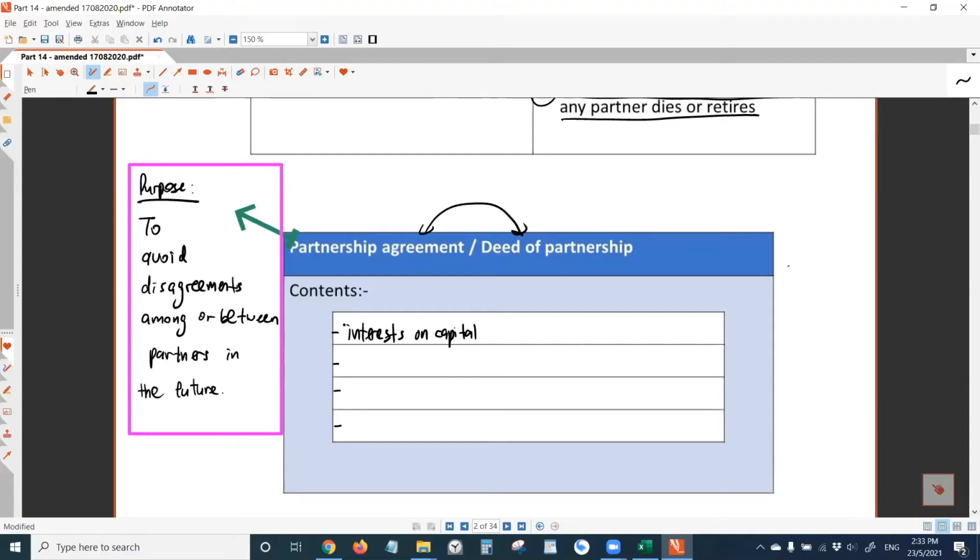Interest on capital, interest on drawings, profit sharing ratio, salaries for partners.